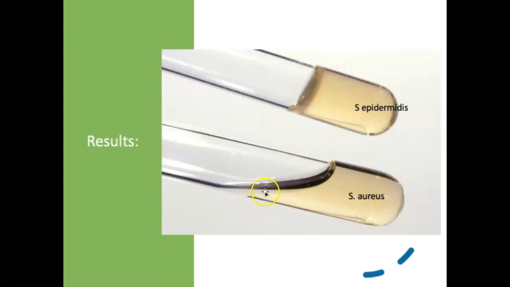So if I were to take a little bit of this test medium out, there would be no gelatin in here, but I would find a lot of amino acids in the tube. The Staphylococcus epidermidis has not turned the gelatin into liquid. That tells me it has not broken it down. The gelatin is still intact, and the medium is still solid at room temperature.